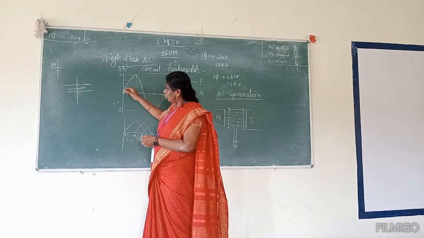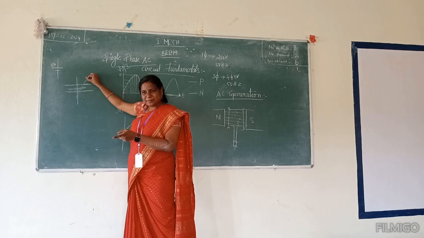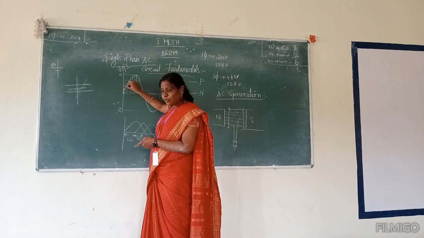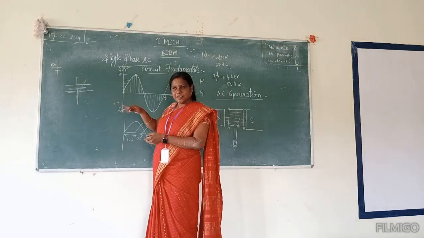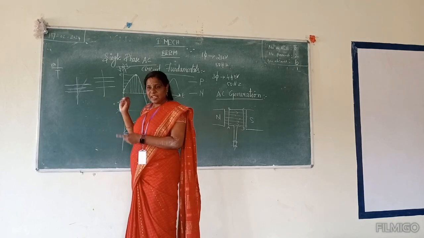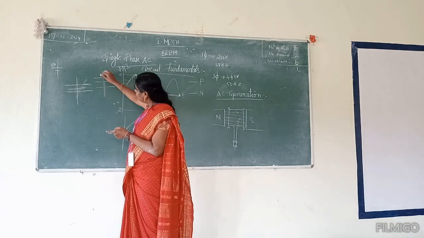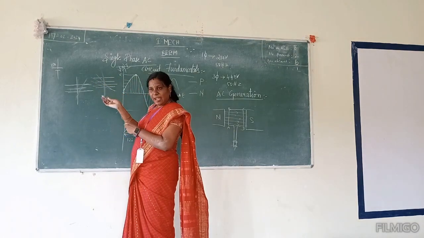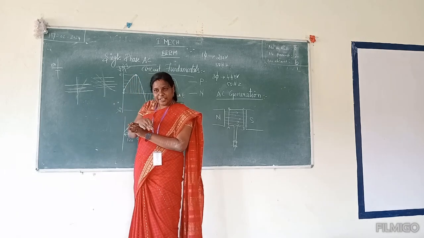See, initially at this position, it is parallel. When it is moving, again it comes to this position. Again the EMF will get reduced because the cutting area is getting reduced.